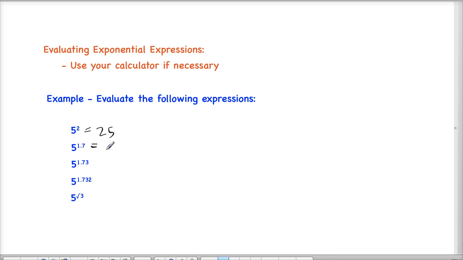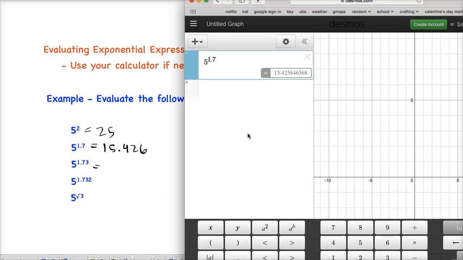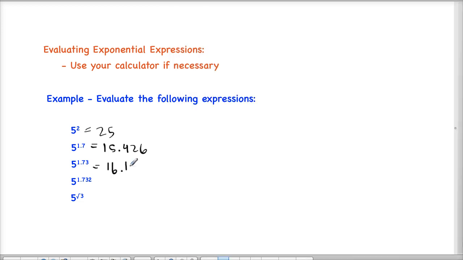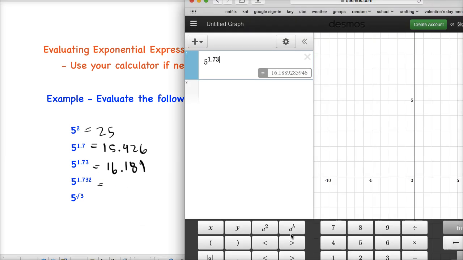So we'll write that over here, 15.426. And then we have 5 to the 1.73. So if we go back, 5 to the 1.73, we get 16.189. Then 5 to the 1.732, and really all we're doing is adding numbers here.